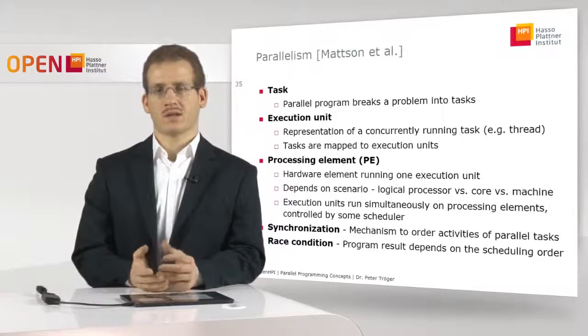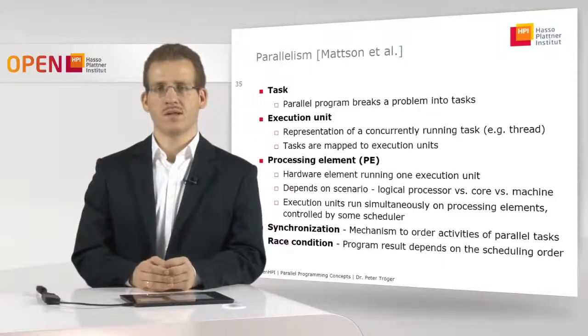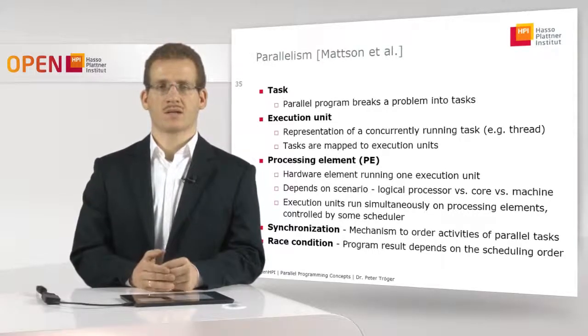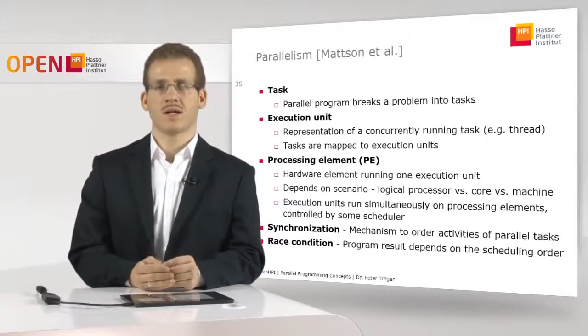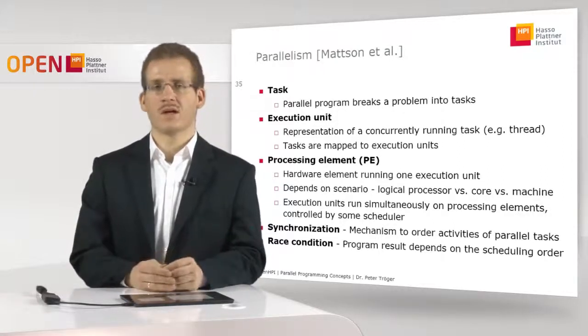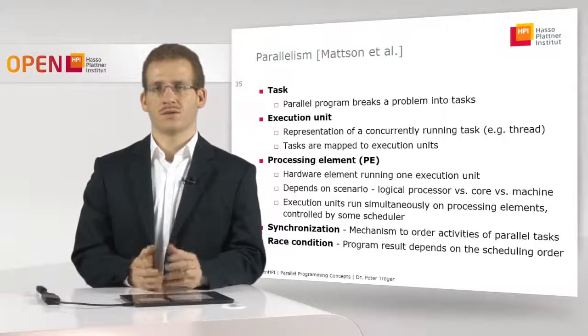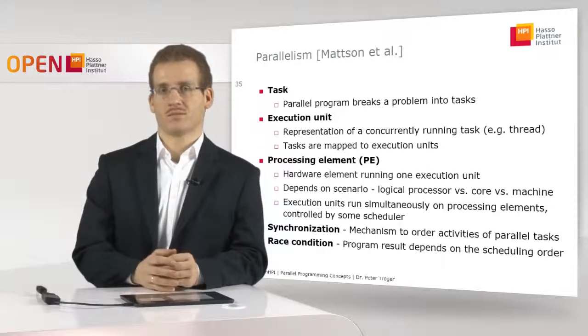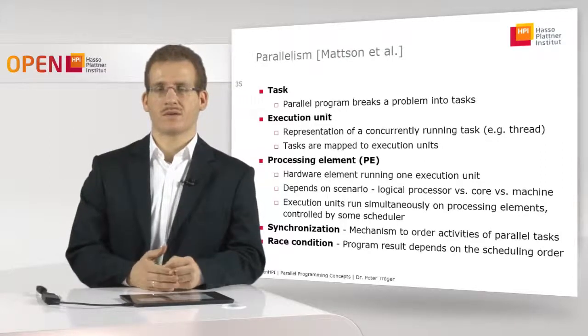So if you take a standard program, like for example in C, you would write a function, and in this function you have a piece of code that executes a particular task. This task can now be run by the help of a thread, and this thread then can use a particular hardware resource in order to run in parallel with other tasks that are wrapped by threads on the system.